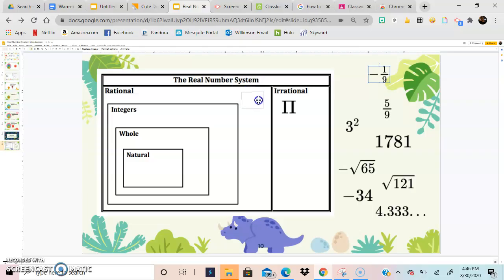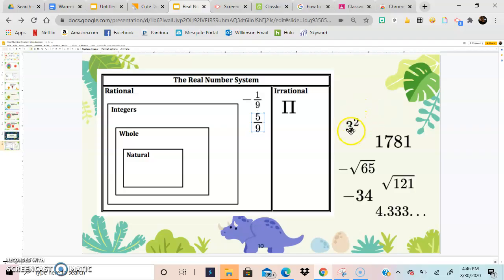It repeats, so we're going to place it as a rational number because it's not a whole number, so it can't go in. So it's stuck out as a rational number. 5/9. 5 divided by 9 is also going to go into our rational numbers because it's not a whole number, and the fraction or the decimal does have a pattern.